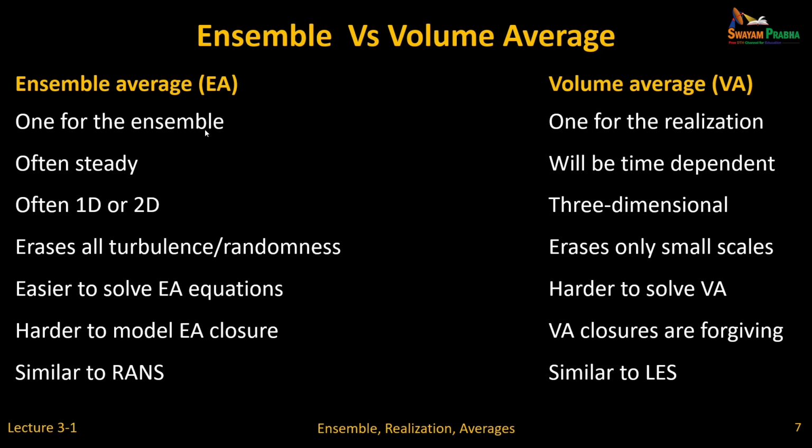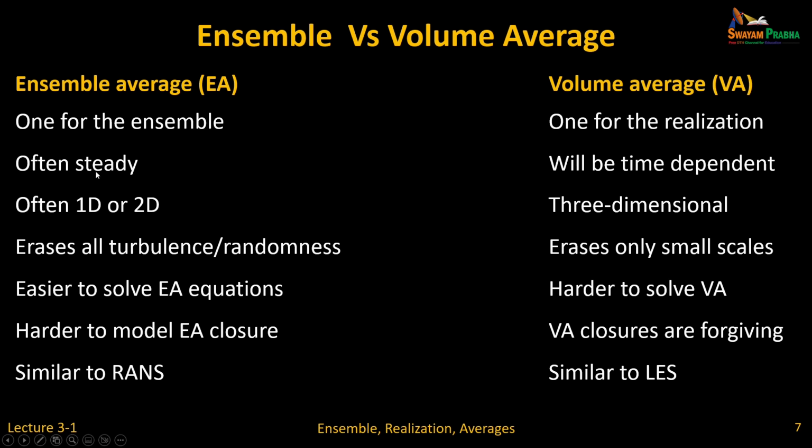It can only talk about the average, and it applies to the entire ensemble. On the other hand, the volume average approach, those equations that we will derive later, apply only to one particular realization.